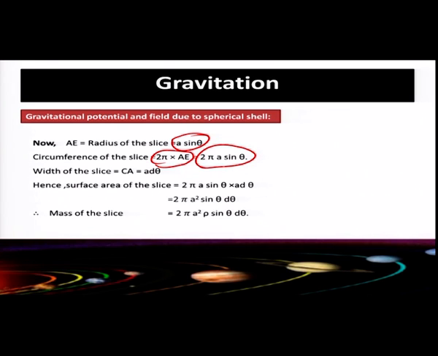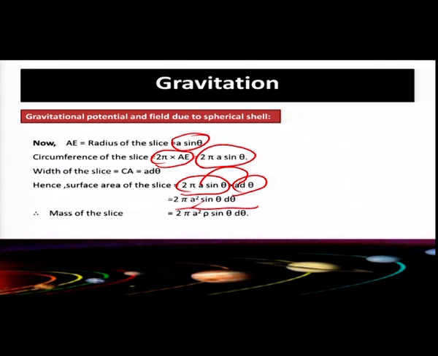The width of the slice is A d theta, hence the surface area of the slice is 2 pi A sin theta into A d theta, which is 2 pi A squared sin theta d theta.